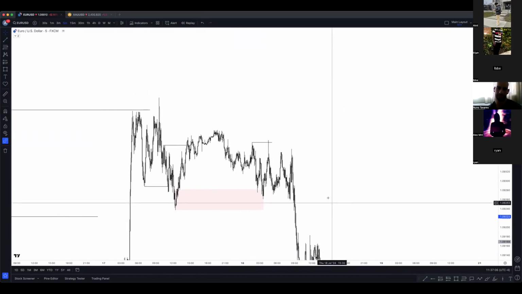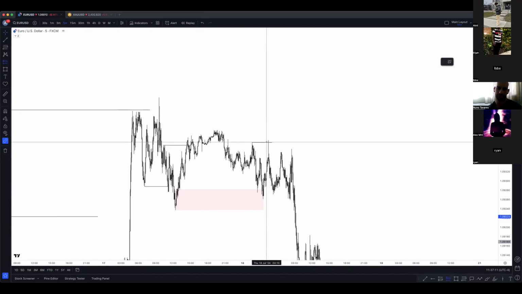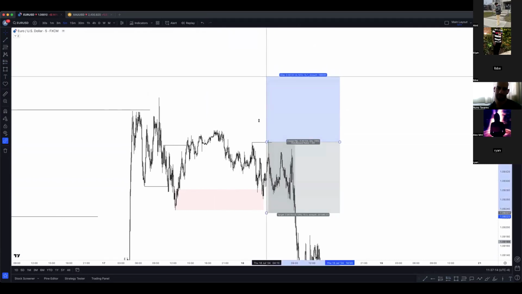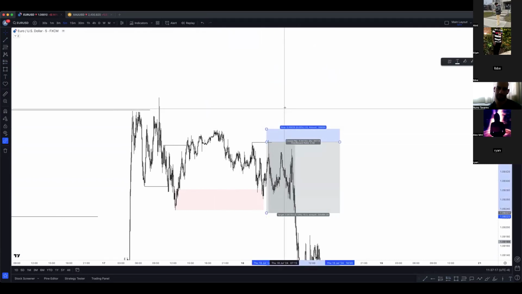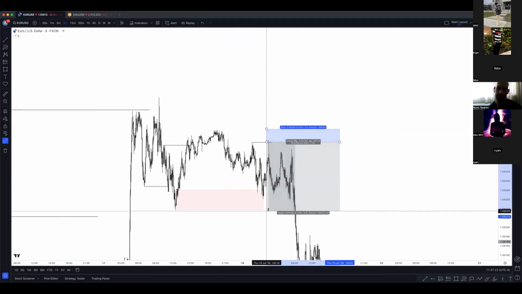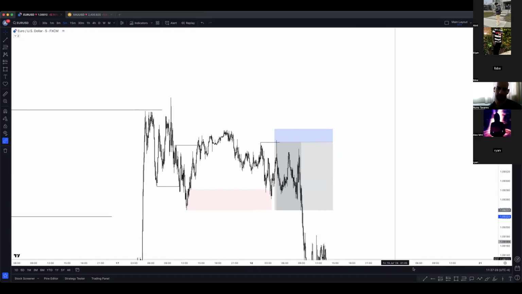This is an entry you could have taken. But if you were to take this one, I would keep my stops above this high. And yeah, pretty much target the lows, right? Take some partials here. And over here, right?